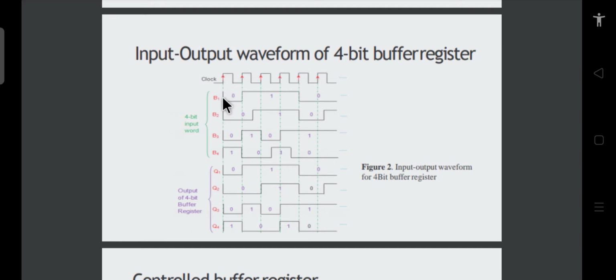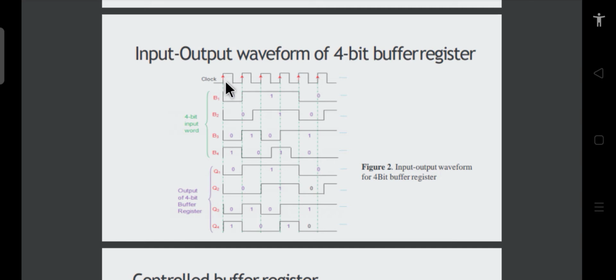So at the first edge, the word is there, so this is the word B1, the input word, and to get this on the output, this will take place only when there is a clock pulse. The flip-flop will be loaded with the input word only when there is a clock pulse.